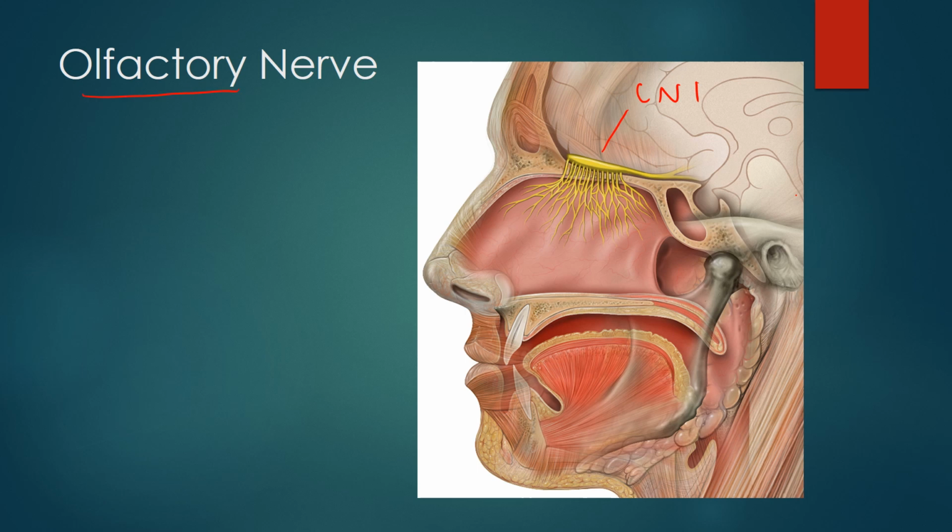So this originates in the superior nasal cavity here with our olfactory filaments that then travel through this bony part here, called the cribriform plate, where it then becomes the olfactory bulb here, and then it proceeds into the frontal cortex of the brain, where olfaction is processed.